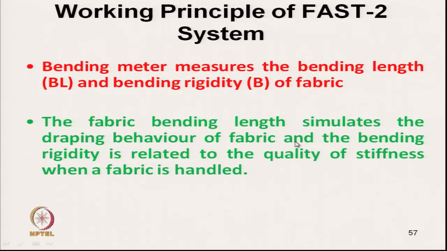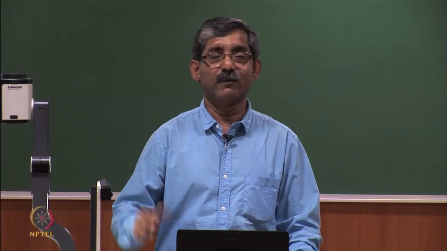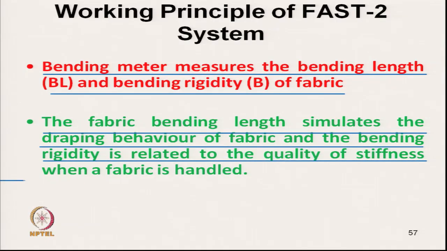The fabric bending length simulates the draping behavior of fabric, and the bending rigidity is related to the quality of stiffness when a fabric is handled. So, that is how we get the fabric handle characteristics.